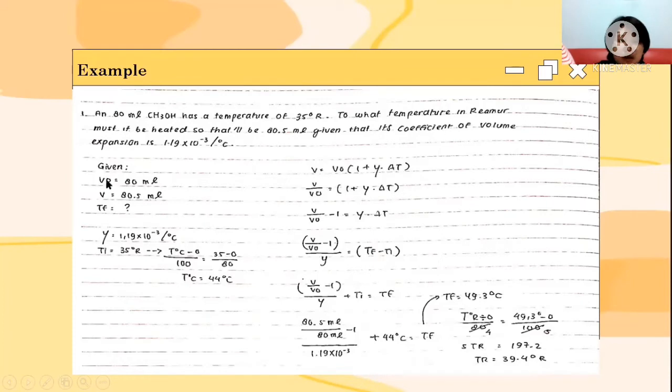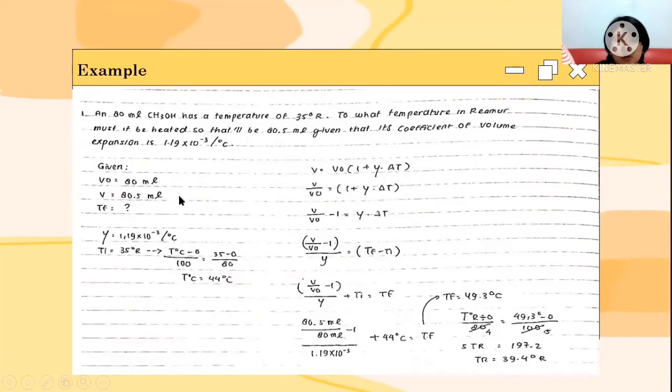Let's write the given again. V0 is 80 milliliters. The V would be 80.5 milliliters. And the gamma is 1.19 times 10 raised to negative 3 per degree Celsius. And the thing that we are trying to find is the final temperature.